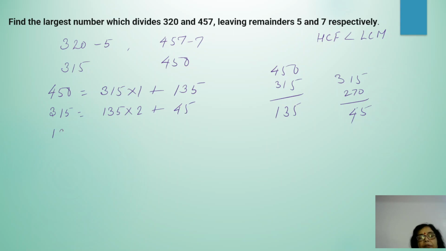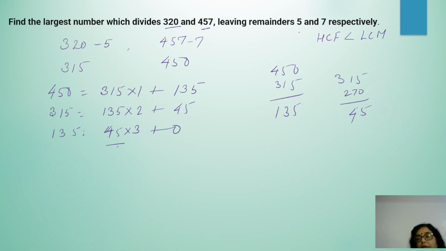Then 135 is equal to 45 into 3 plus 0. So 45 becomes the largest number which divides these two numbers, and when you divide 320 by 45 you get a remainder 5, and when you divide 457 by this 45 you get a remainder 7.